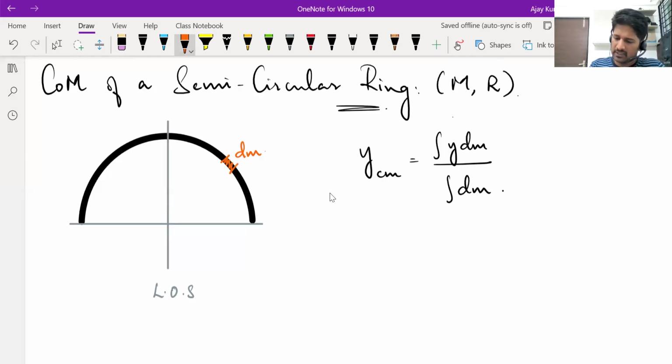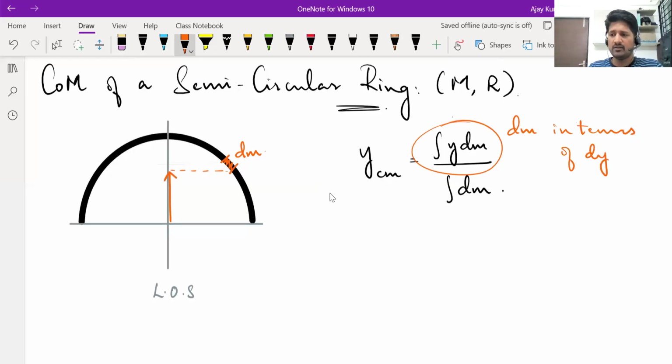You can see that this element has a particular y coordinate from here to here. Now, if you want to actually integrate this, you will have to express dm in terms of dy.